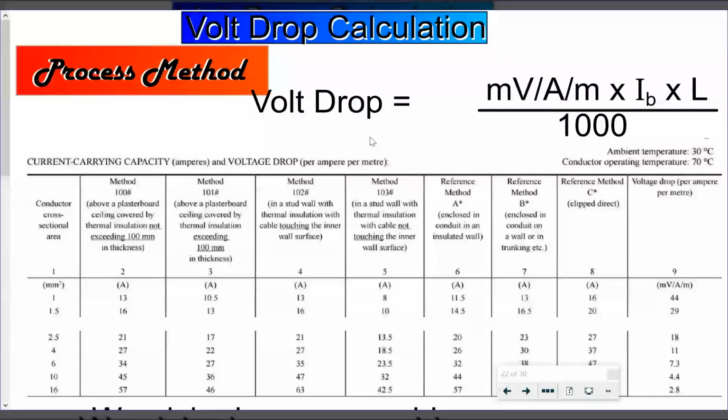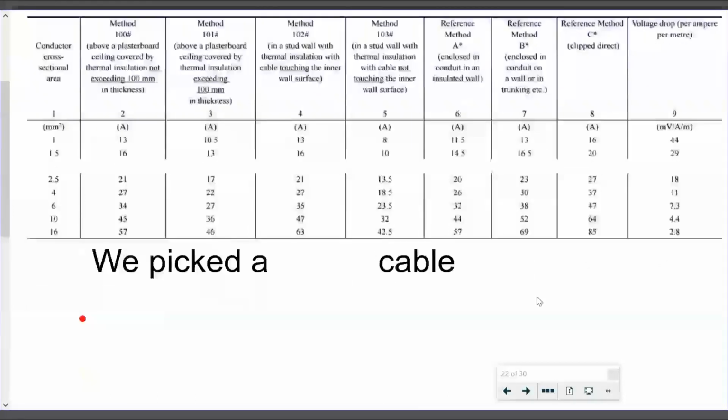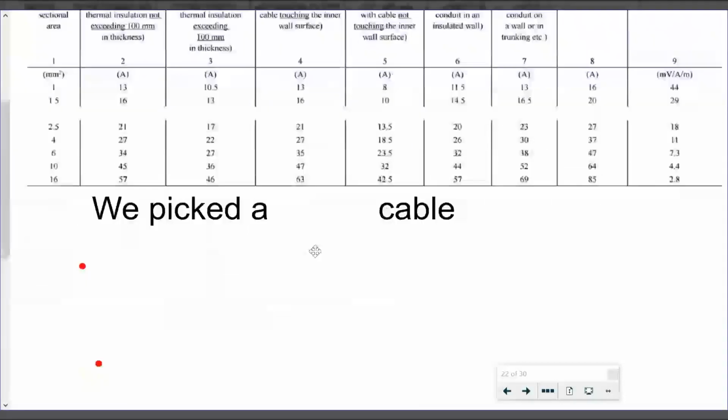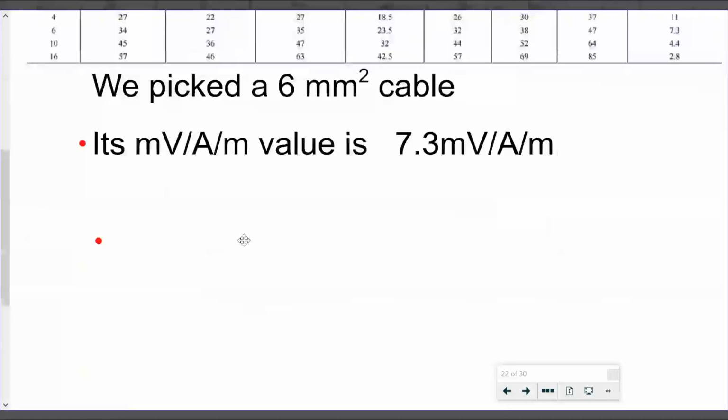Okay, so looking at that table 4D5, the cable that we selected was a 6 millimeter squared cable for overload protection in the previous calculation, or in the video prior to this one. That gives us a 7.3 millivolts per ampere per meter value for that conductor. So we're going to utilize this value in the calculation.